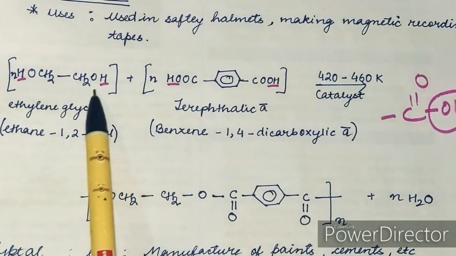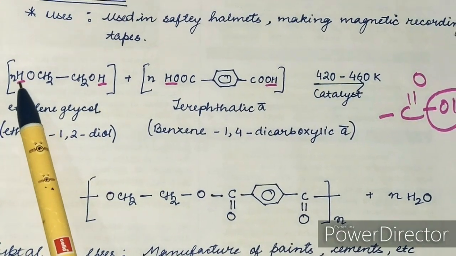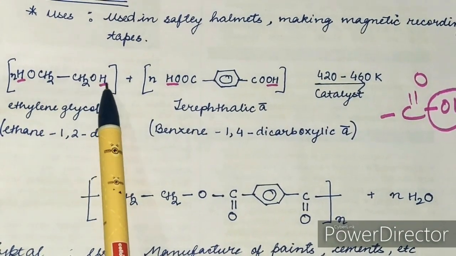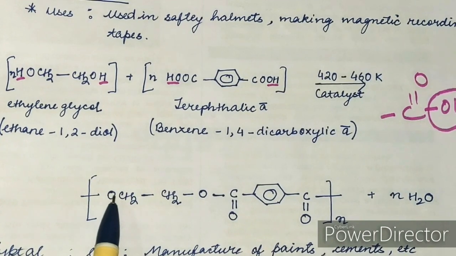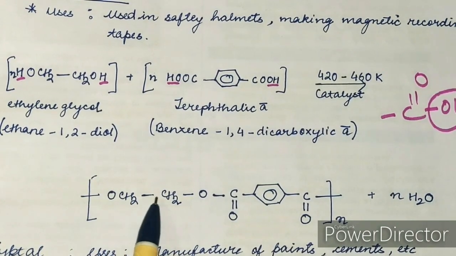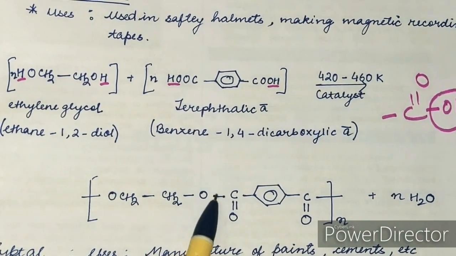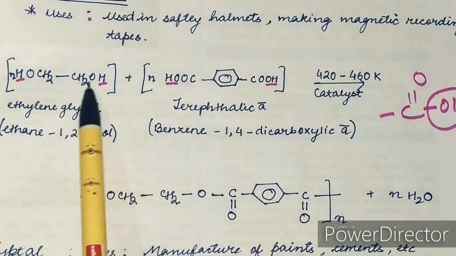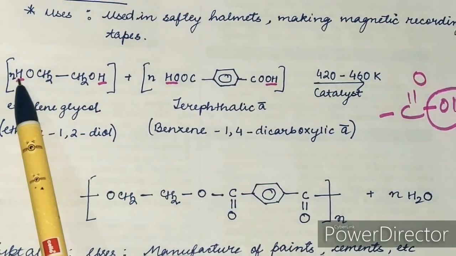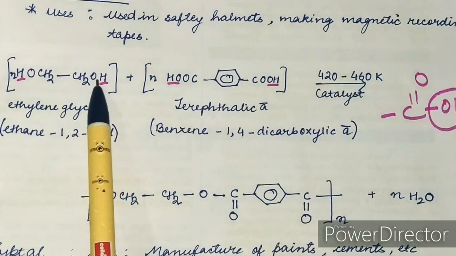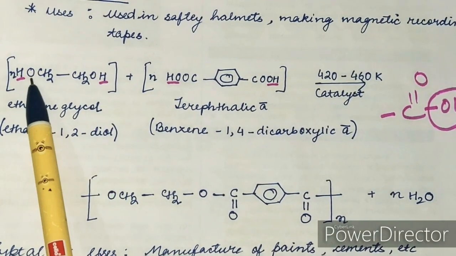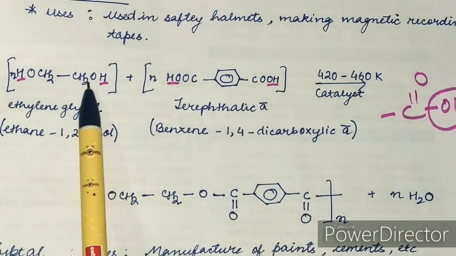From the ethylene glycol, if you remove the hydrogen here and here, what remains? OCH2, CH2O, isn't it? I have removed the hydrogen from both the alcohol groups. So what remains is OCH2, CH2O.